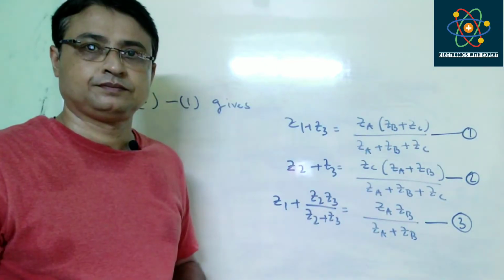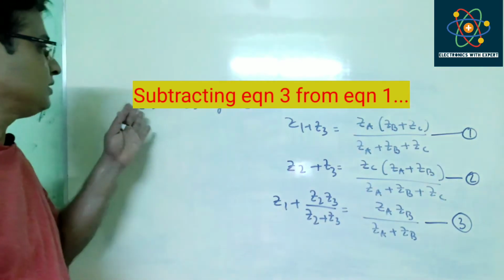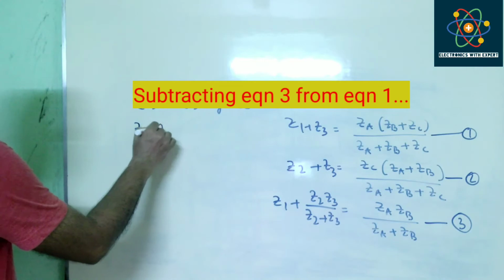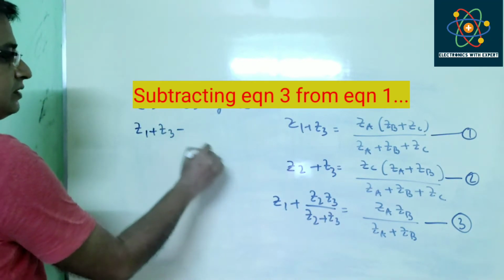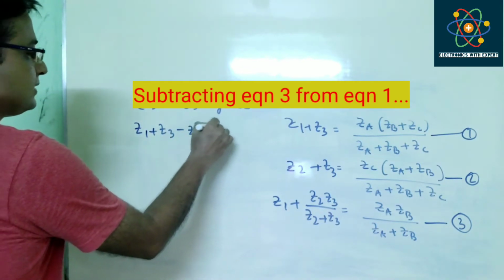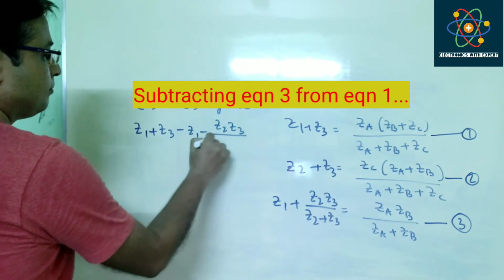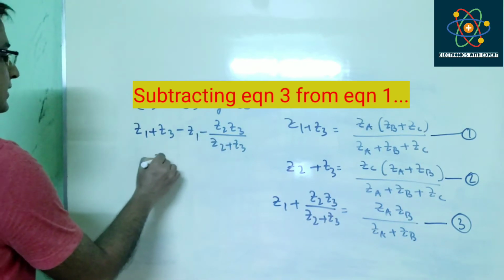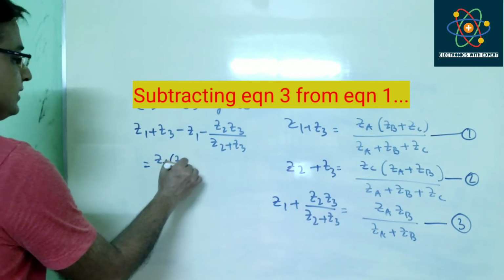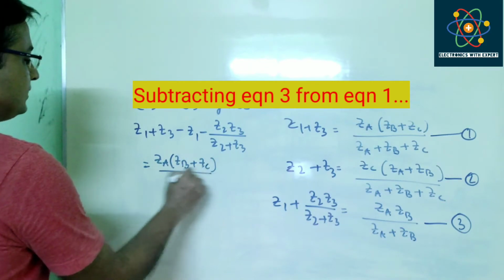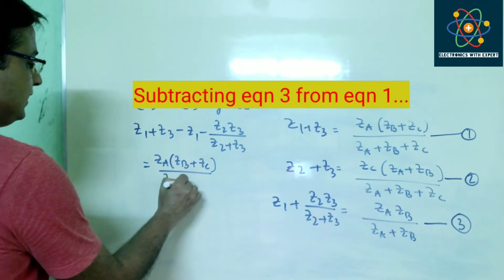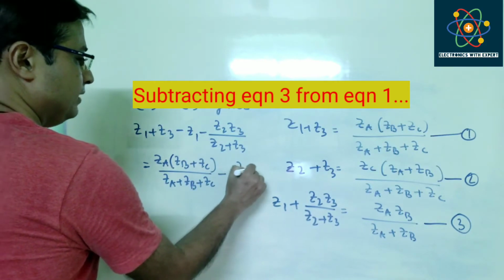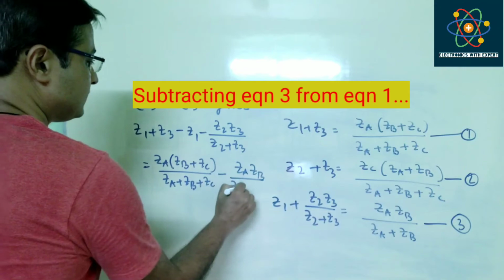Okay. Now let's subtract equation 3 from equation 1. So I am writing equation 1 first, then equation 3, that is Z1 minus Z2 Z3 divided by Z2 plus Z3, and on the right hand side, that is ZA into ZB plus ZC divided by ZA plus ZB plus ZC minus ZA ZB divided by ZA plus ZB.